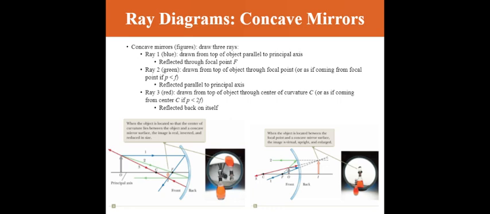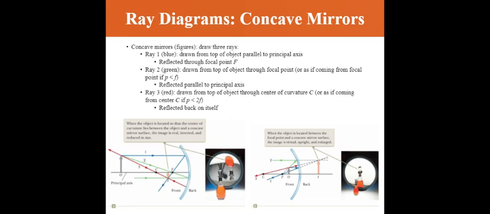In the case of a concave mirror, the focal point is real, so it always reflects through. Ray number 2, which is the green one, the incident part of it goes straight through the focal point and then reflects parallel to the principal axis.